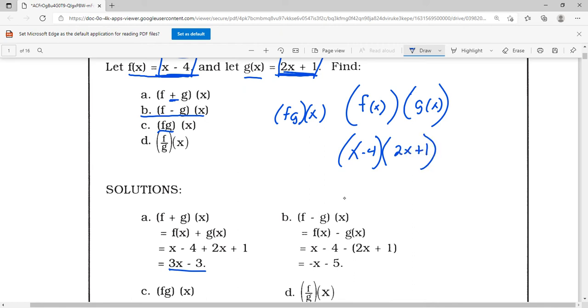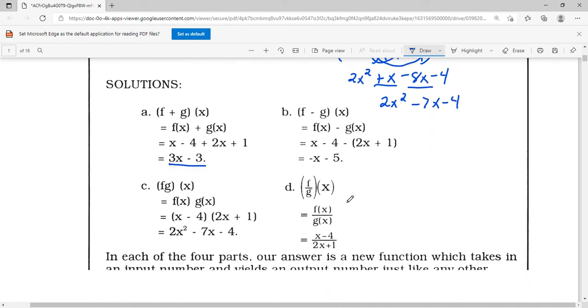Here we're just going to rainbow these. So x times 2x would be 2x squared. x times 1 would be positive x. Negative 4 times 2x is negative 8x, and then negative 4 times 1 would be negative 4. Then we can combine our like terms in the middle: 2x squared minus 7x minus 4.